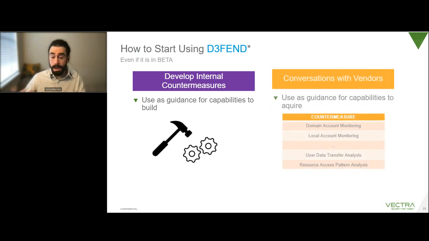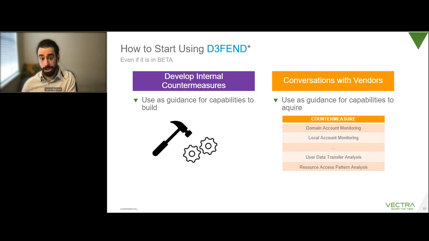The other thing is to help facilitate conversations with vendors. You can use this as a framework to guide the capabilities that you want to acquire. You can ask a vendor to show you what countermeasures they have enabled in the product, and that'll give you immediately a sense of not just what basic coverage they have, but how they're executing on that coverage, what countermeasures are in play in the product you're looking to acquire that can respond to MITRE ATT&CK.